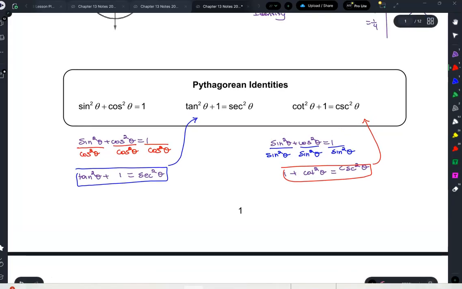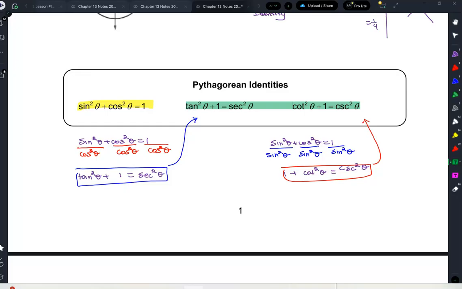So we have one main trigonometric identity, okay? And then that one has two friends, right? So all of these trigonometric identities are the VIPs of the trigonometric world.